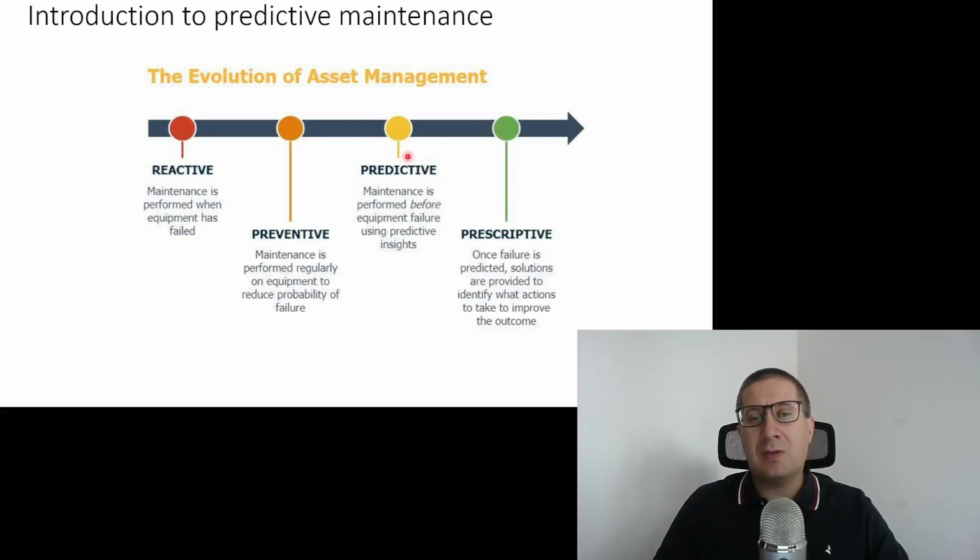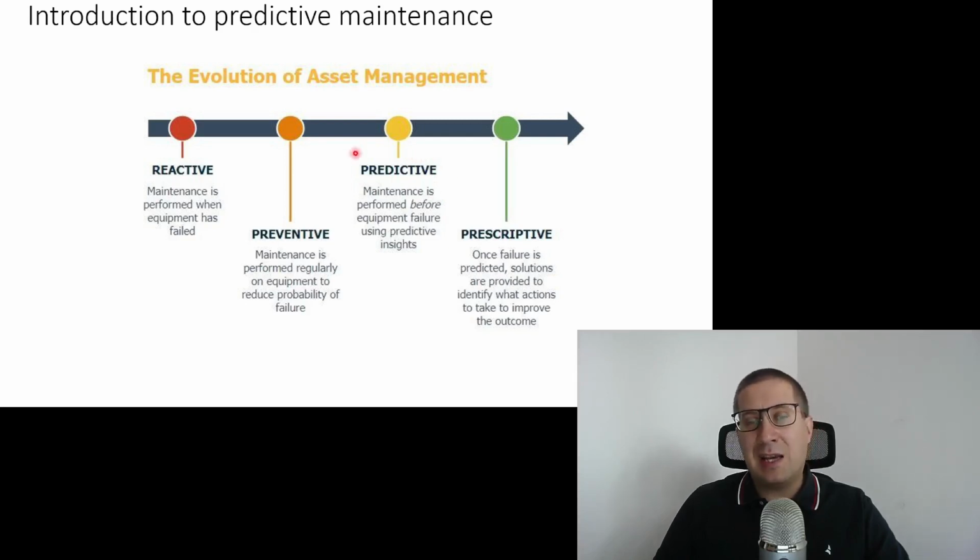Now we have those new predictive maintenance platforms, the new predictive maintenance algorithms that try to predict the failure, and based on such predictions, based on such estimations, we can take the maintenance actions before the equipment failure.